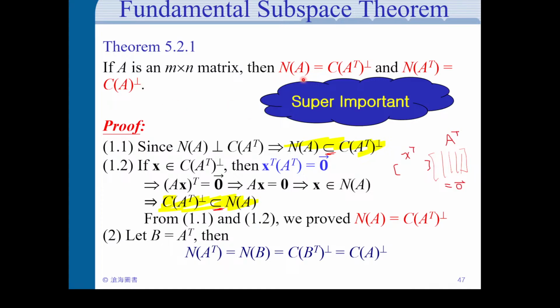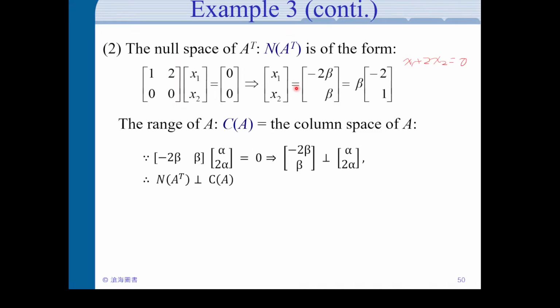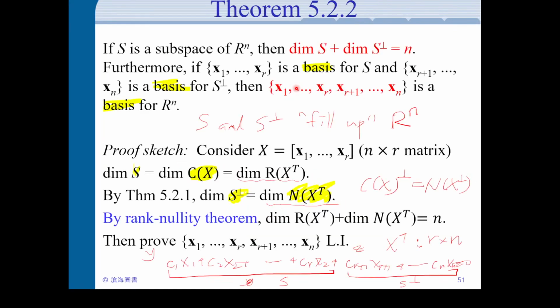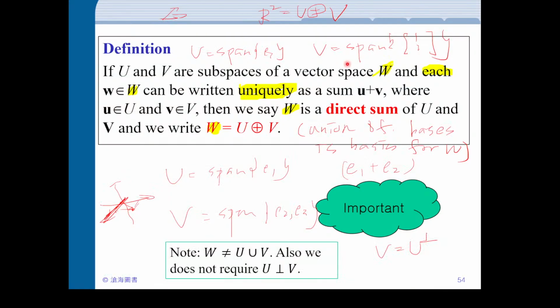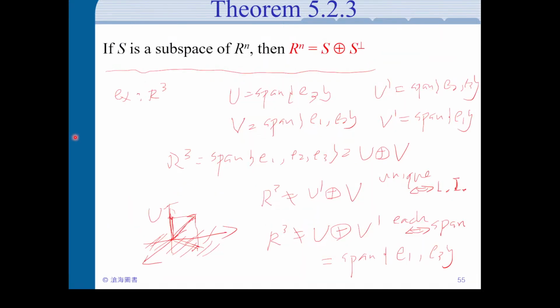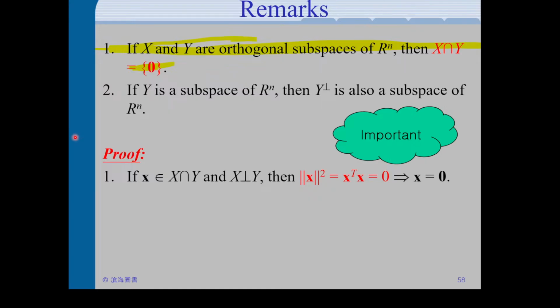And from our direct sum theorem, we also know that the row space and the null space direct sum together will be the whole Rn, where n is the number of columns of your matrix.